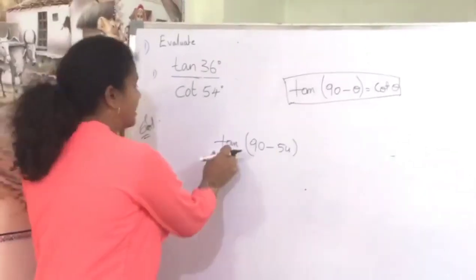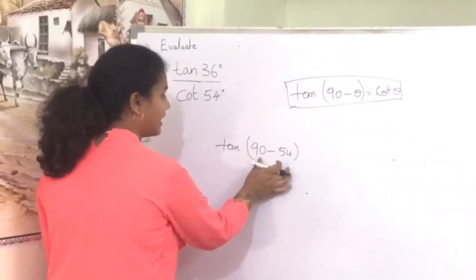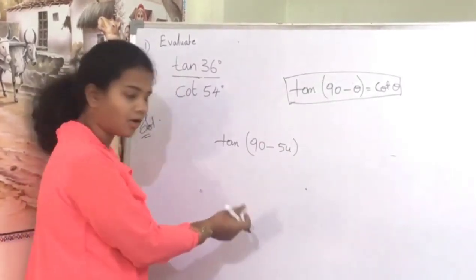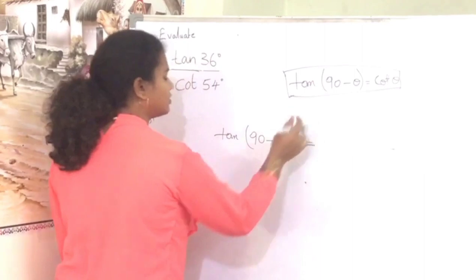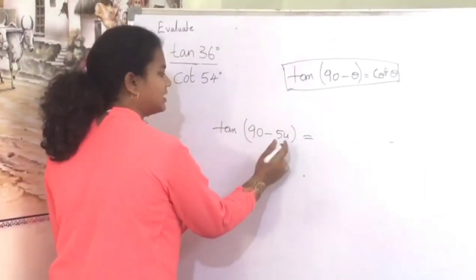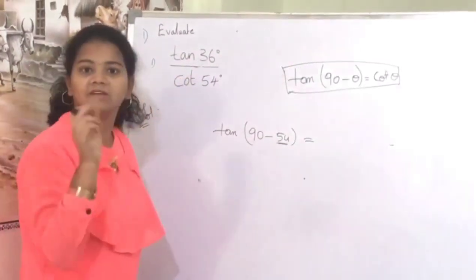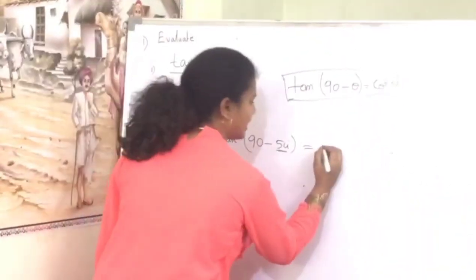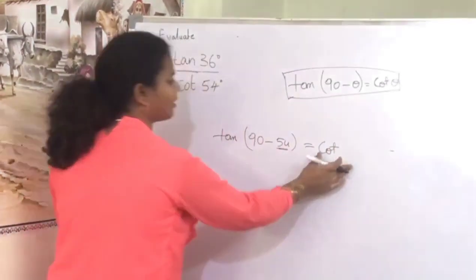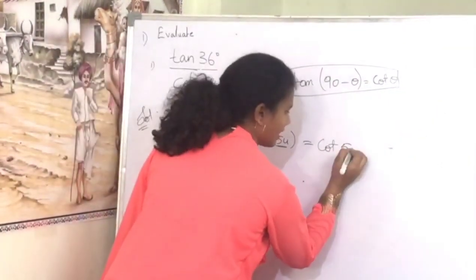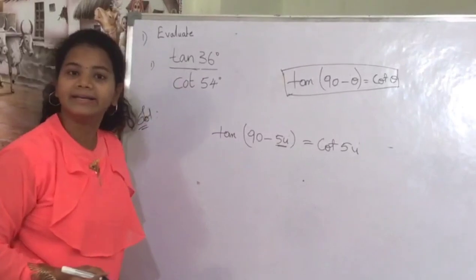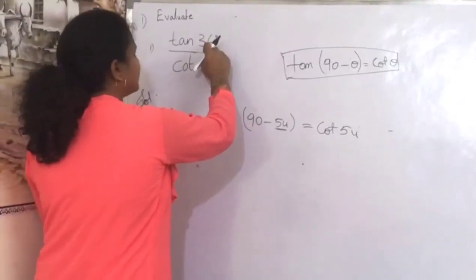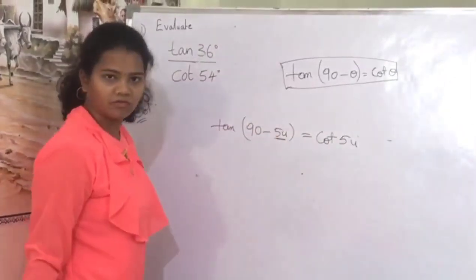So tan 36 degree is formed here. According to the formula, tan 90 minus theta, instead of theta we placed 54 degree, gives cot theta, as tan converts into cot. So I can write cot 54 degree. Now I converted this tan 36 degree as cot 54 degree.